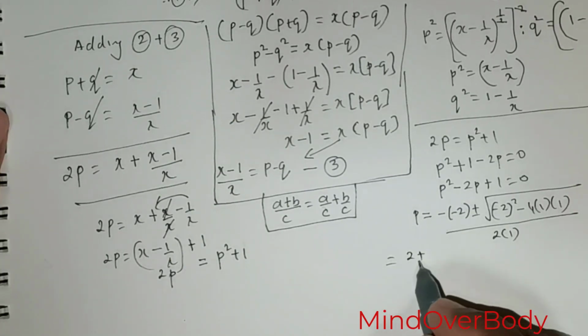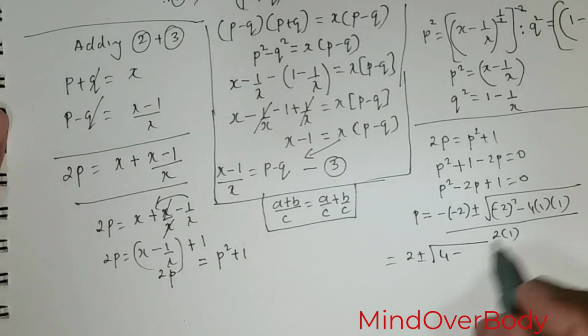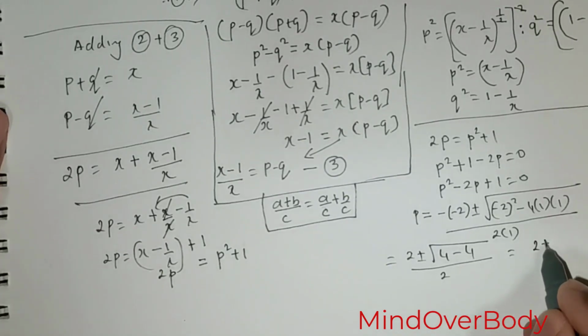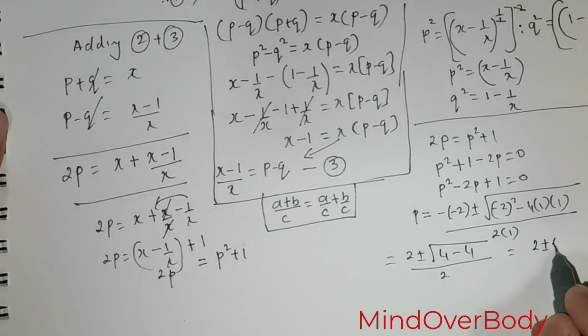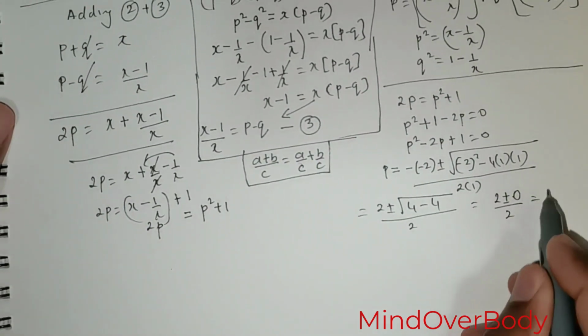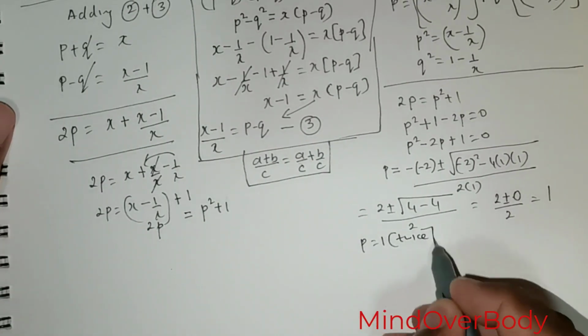This is (2 ± √(4 − 4)) / 2, which is (2 ± √0) / 2, which is nothing but 1. So I've got p = 1 twice.